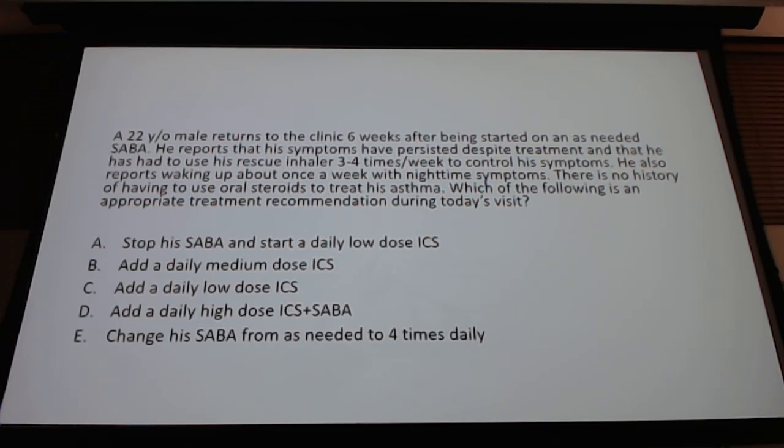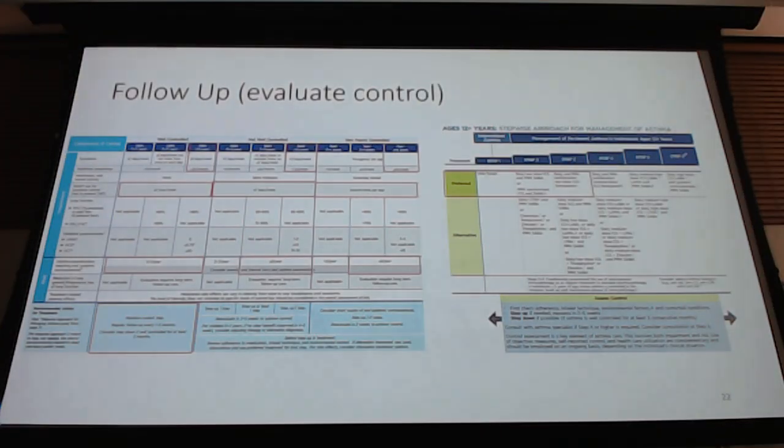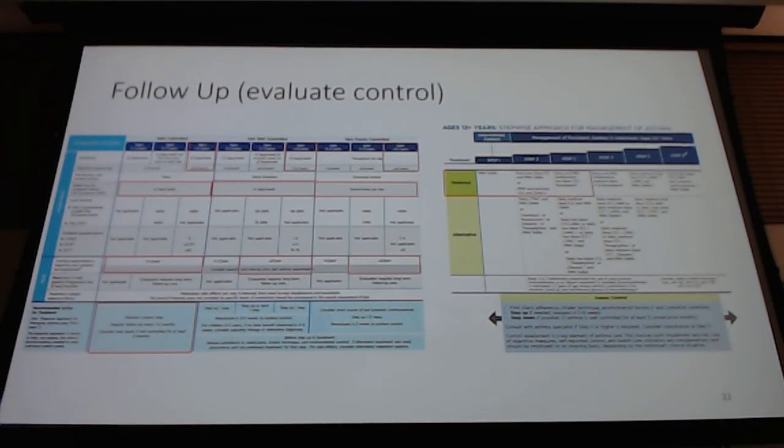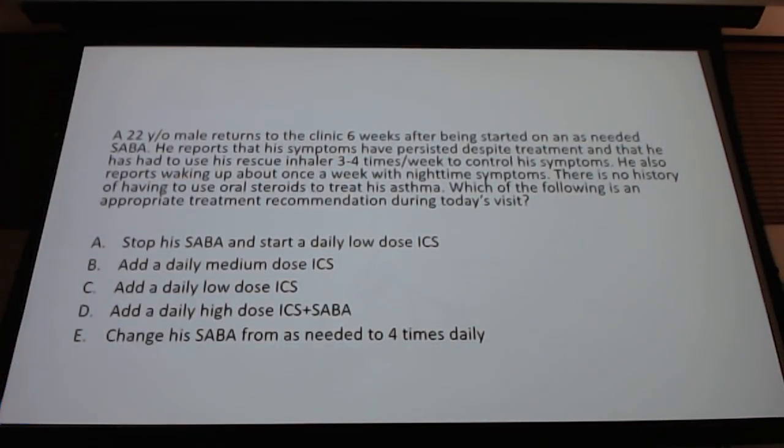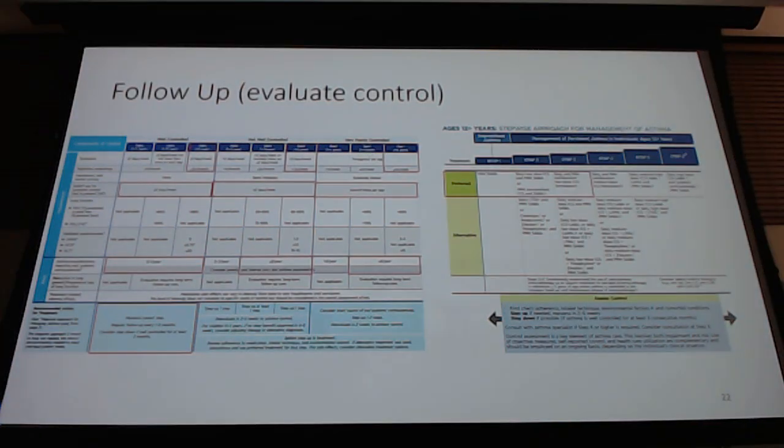Step 1. Okay. So let's go to our chart. Our chart says that he was 3 to 4 times a week. So that's not well controlled. And then the other one was waking up 1 to 2 days. 3 to 4 times per week. That's more than 2 days.